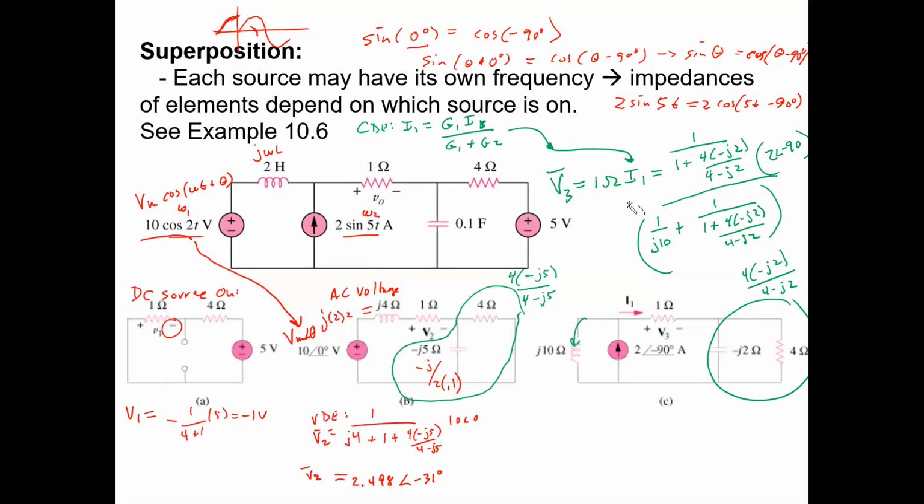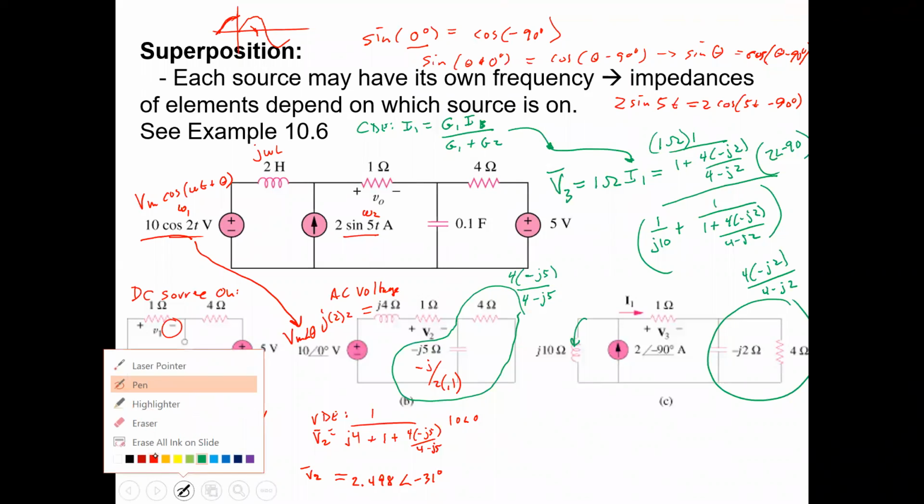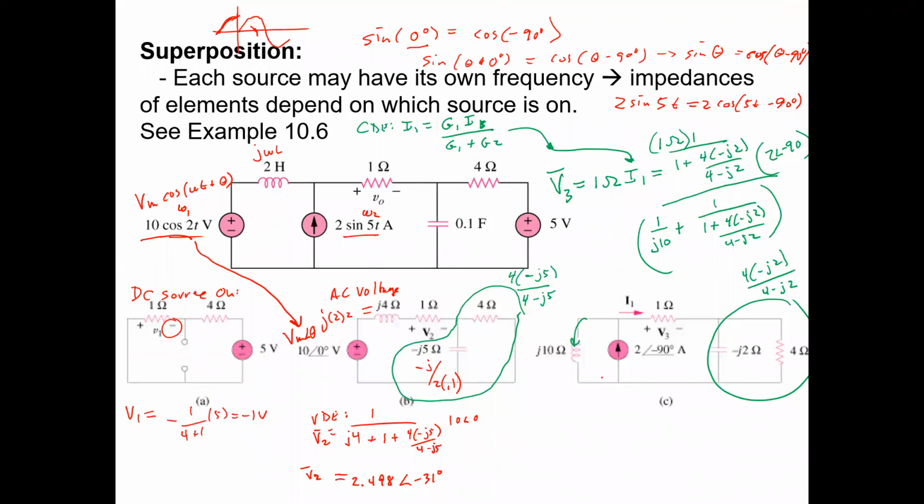Okay, so that's our V3. It's going to be 1 ohm times this I1, or 1 ohm times all that. And once you boil that down, you're going to get V3 equals 2.328 with an angle of, looks like minus 80 degrees.